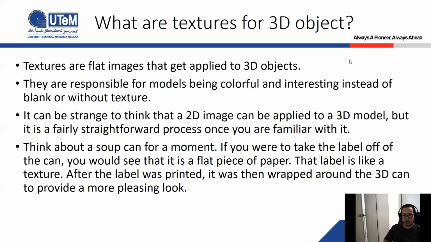That label is like a texture. After the label was printed, it was then wrapped around the 3D can to provide a more pleasing look. A tin or can without any texture will not give us an interesting image.